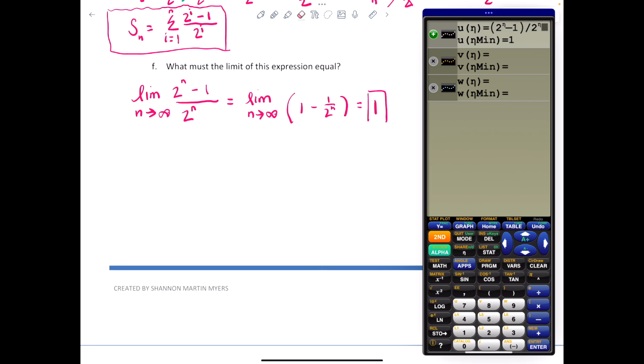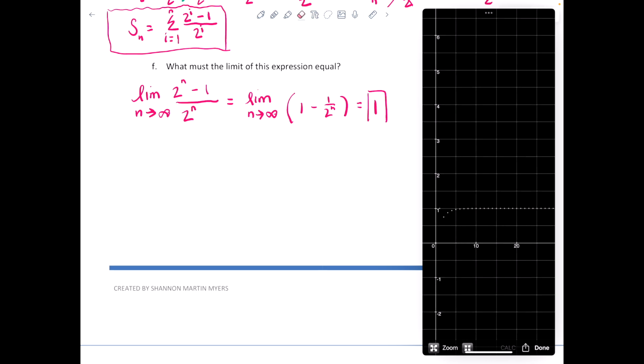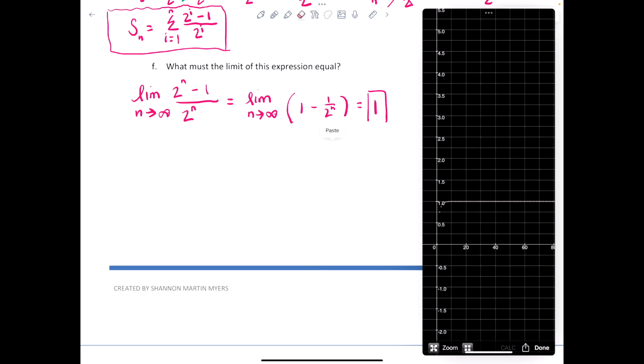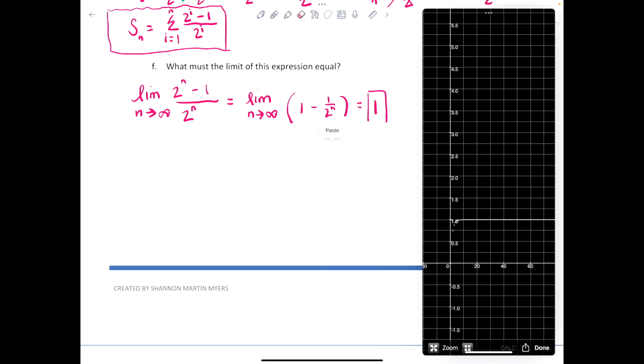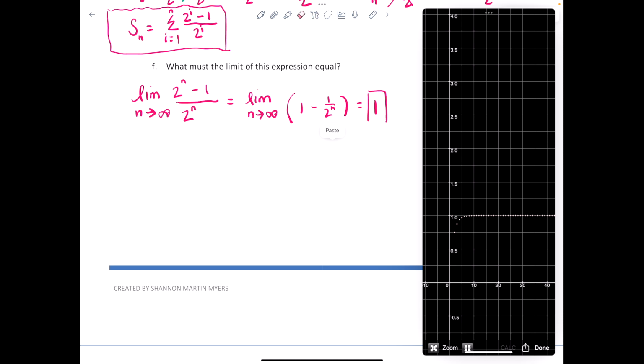And then let's make a graph of this. And it's really pretty cool, right? As you go on and x gets larger and larger and larger, you can see that we're converging to a specific value, a specific sum.